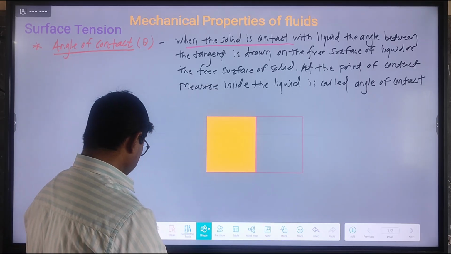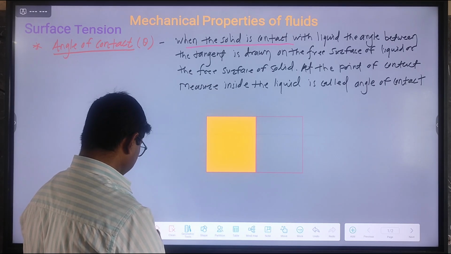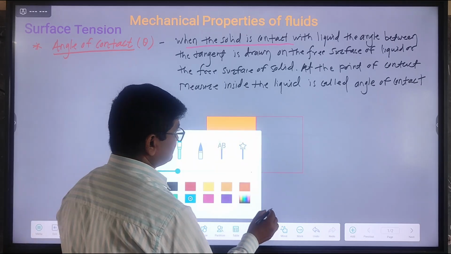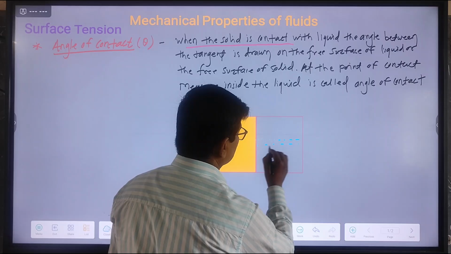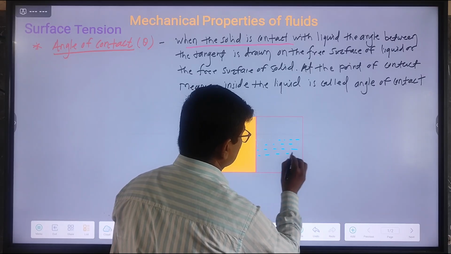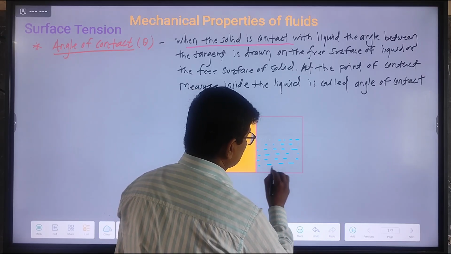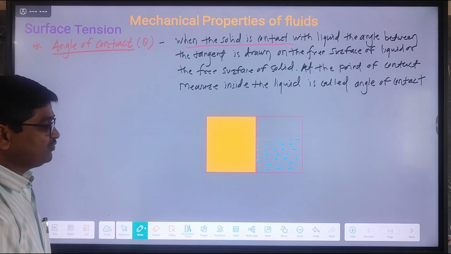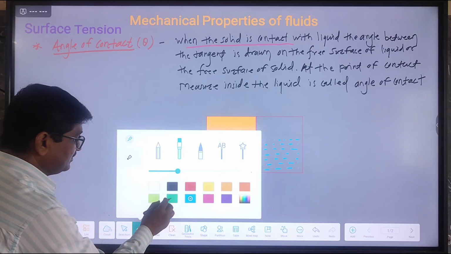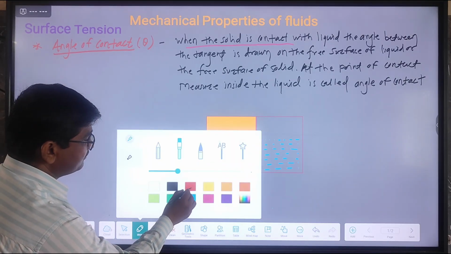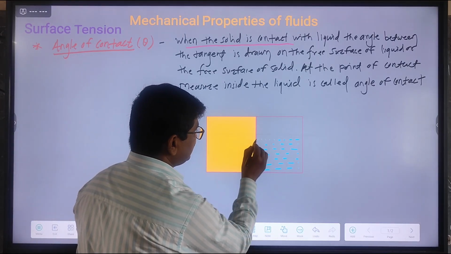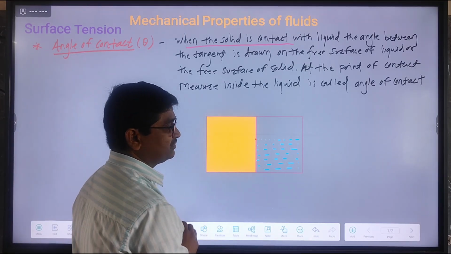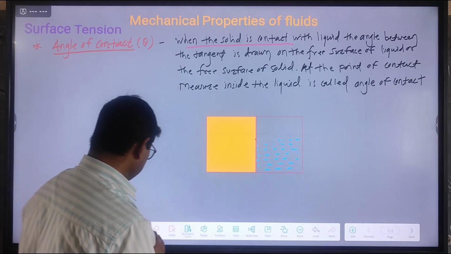So this is the liquid. Now imagine that this is the point of contact where the solid and liquid are contacting together.